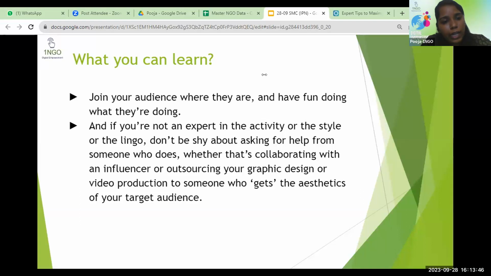That's why they collaborated with pro choreographers and filmed in a way that worked for TikTok. So if you want to design a social media campaign, it's okay to ask an influencer or someone well known for help with the design or videography. Please ask, and just know which platform your audience is using.